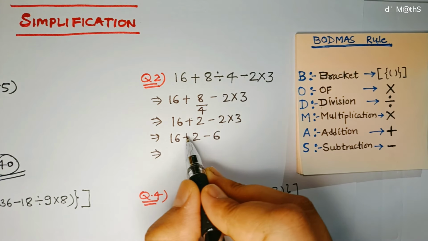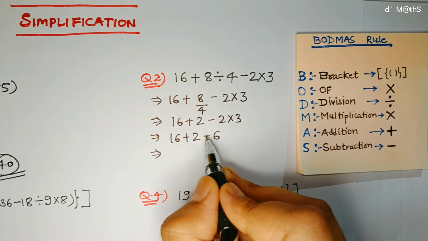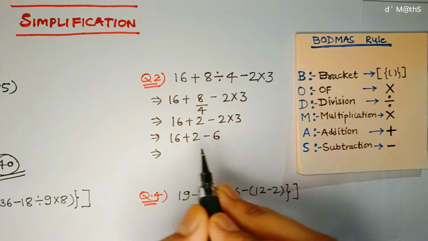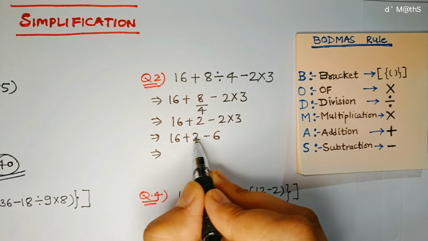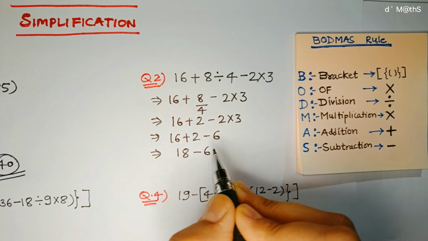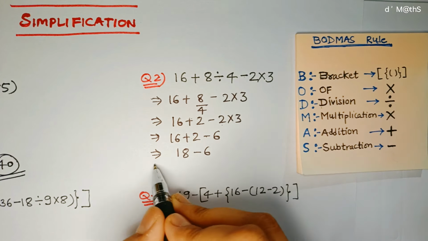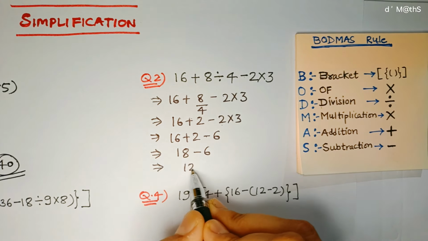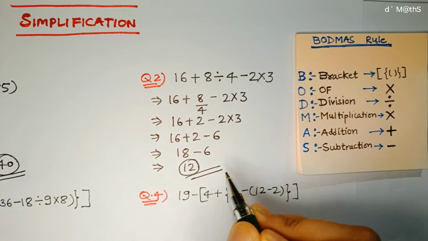Then we have only two terms, one positive and another negative. The first will be addition, then subtraction. So we add 16 plus 2, which is 18. 18 minus 6 is 12. So 12 is your answer.